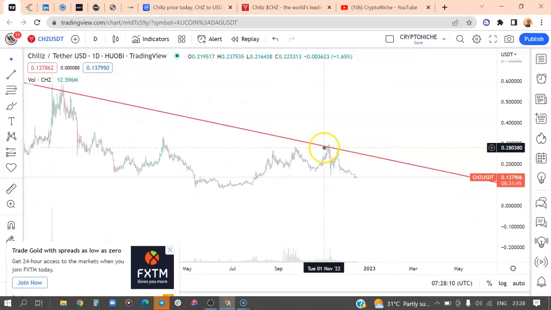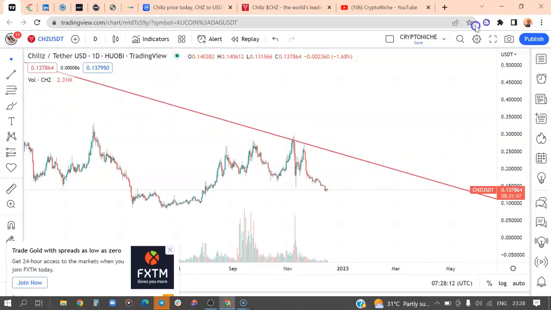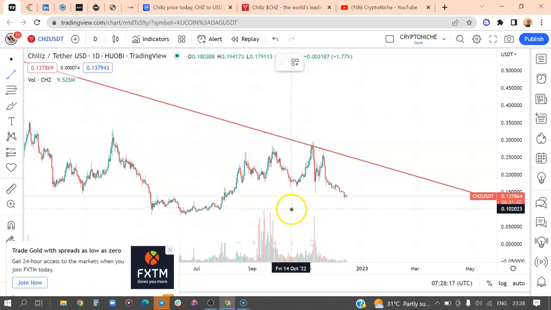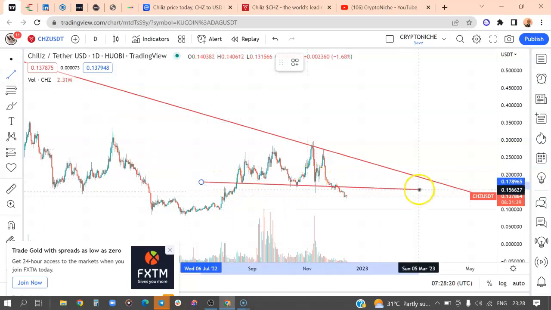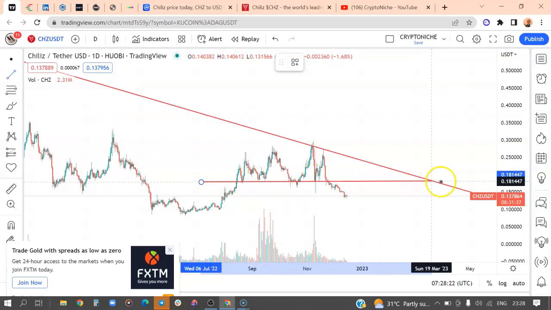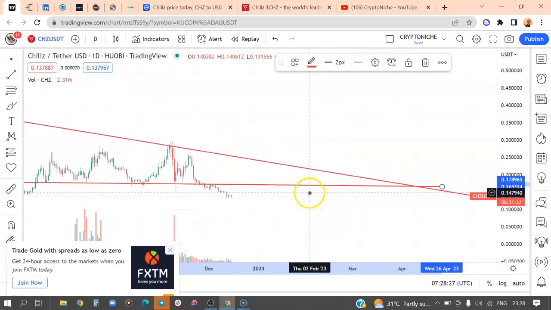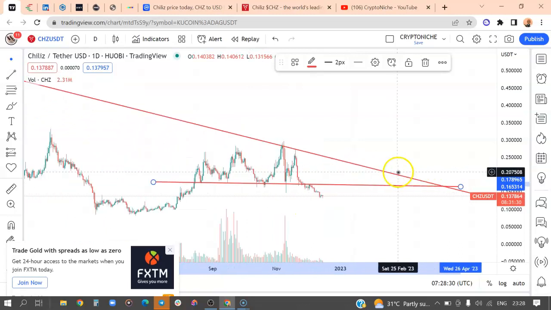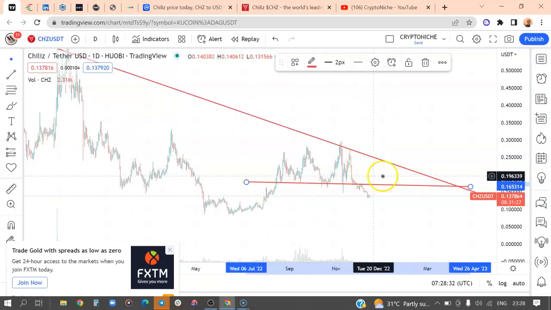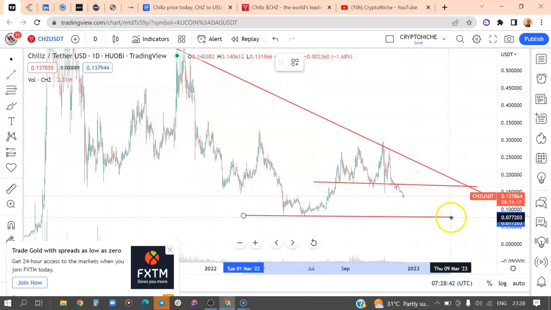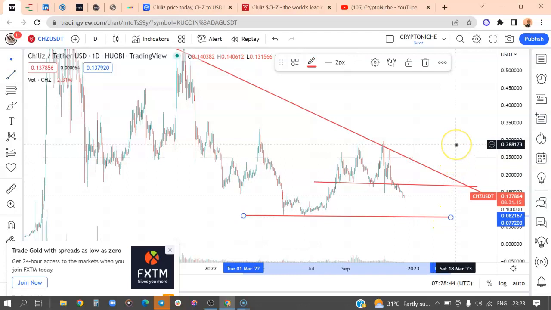It's been finding some support here in recent times, and some weeks ago, it broke that support completely. So where could be the possible next support? The next possible support is here.